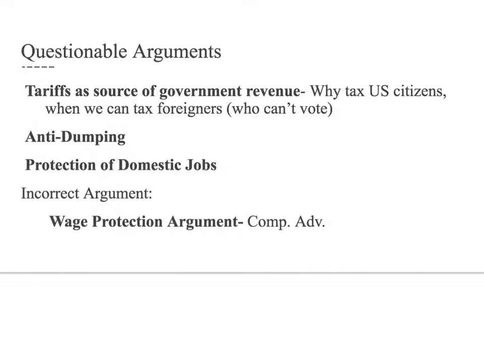The idea of dumping is talked about in your textbook, but it is basically if I have a bunch of leftover goods and I know that there's a market out there that I'm trying to gain access to, I might sell those goods for well below what they cost me to make them. The example might be a cell phone. Let's say the cell phone costs $250 to produce. I've got all these excess leftovers, and I don't want to flood my local market.